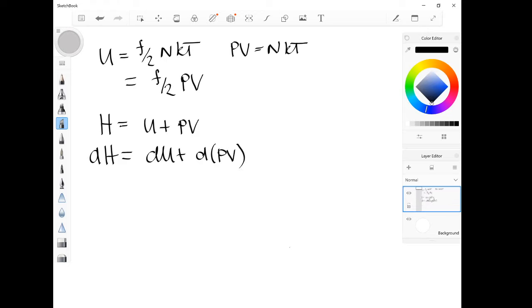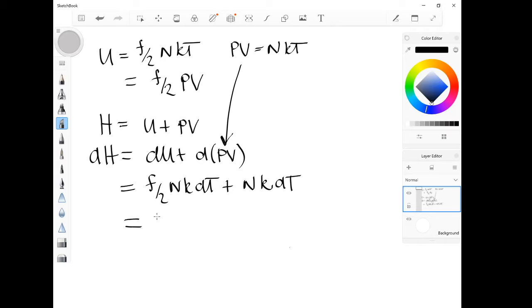And then we can plug in f on 2 Nk dT and Nk dT, because that's just coming from that definition.